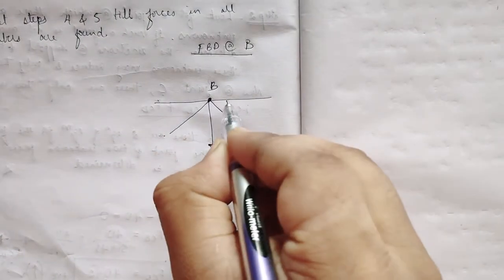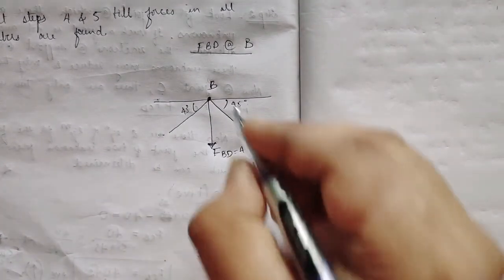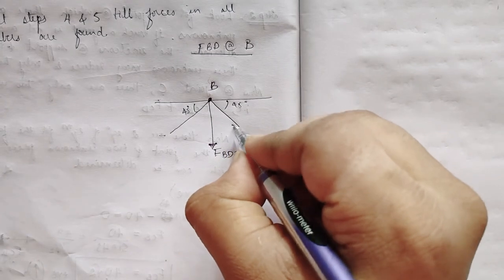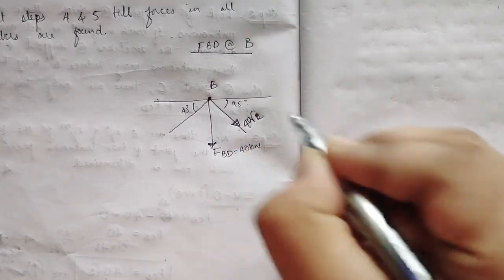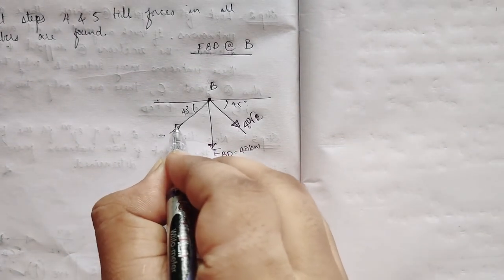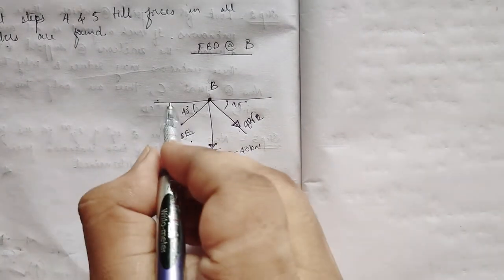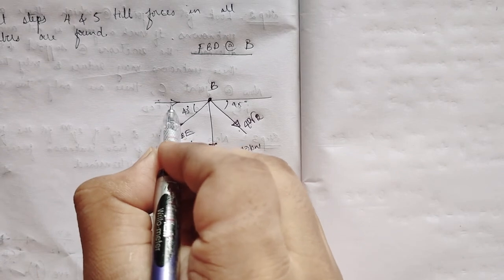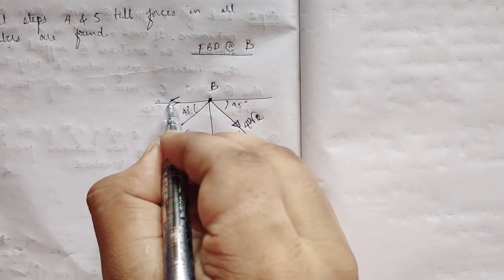So this is B. So this is 45 degree, this is also 45 degree. So this is 40 root 2. Okay, then this force is FBE. Okay, FBE we have to find. Another force I'll take in this direction.